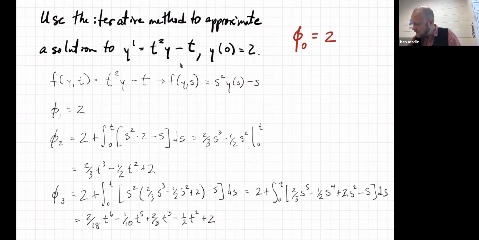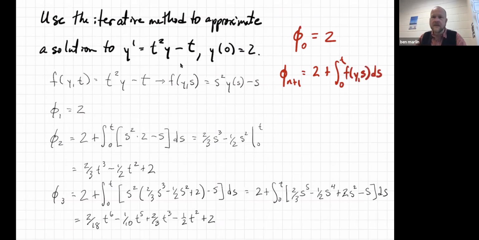And then for each successive approximation, you just take your initial condition plus an integral 0 to t of the f of y, and I'm going to put an s here instead of a t, ds. You've got to have a dummy variable in there for this to make sense, right?